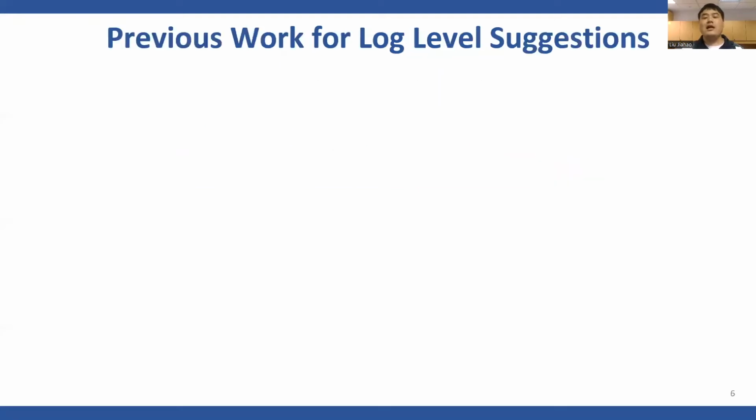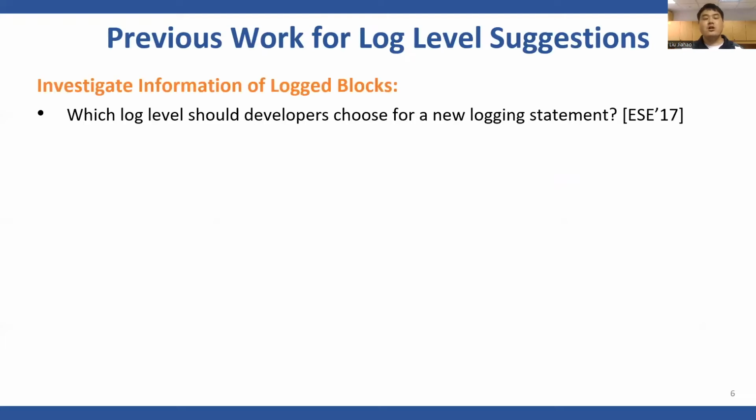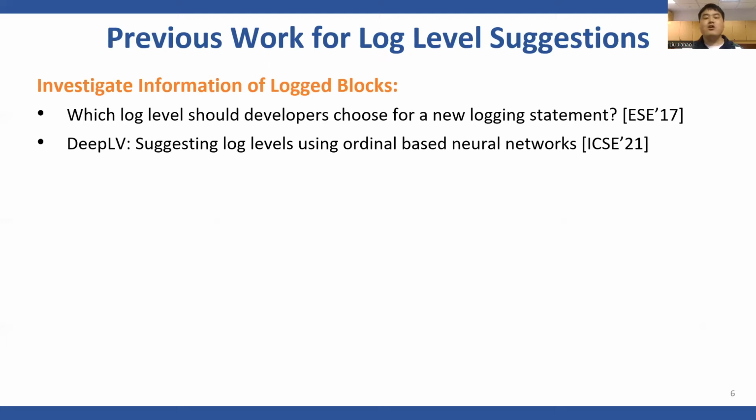To suggest log levels, Praise work mainly investigates information of logged blocks. For example, which log level should developers choose for a new logging statement? It employs a regression model to infer log levels according to code block type and file name. DeepIV, the state-of-the-art approach for log level suggestions, utilizes an RNN model to predict log levels with log contents and code structures.